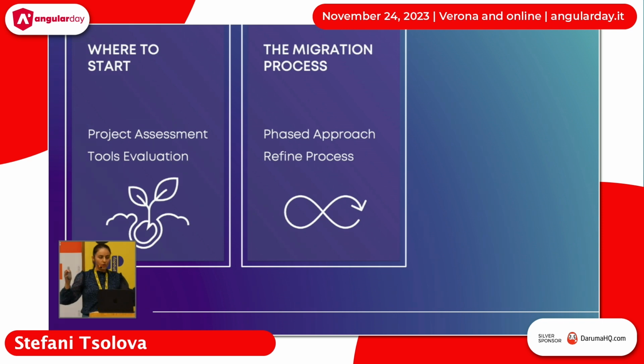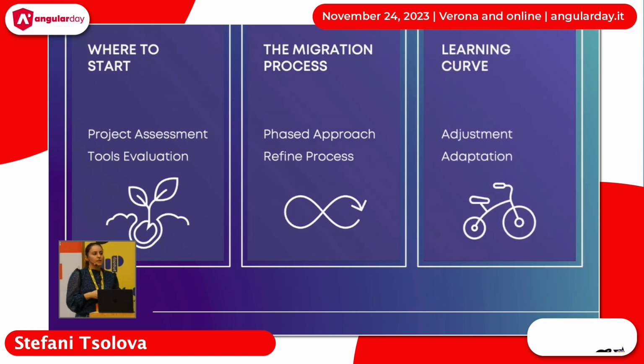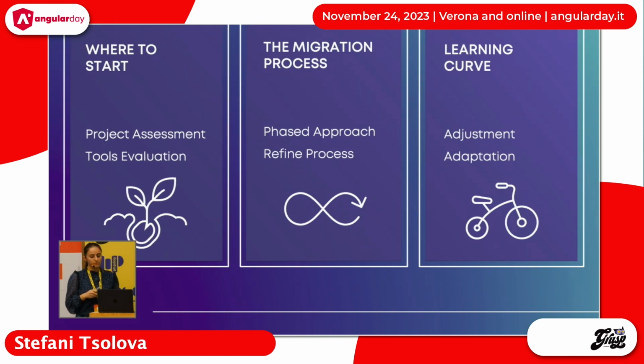Don't try and do everything all at once. And have in mind that there will be a learning curve for the team as well. They will need some time to adjust to the new setup, to the processes, but eventually they will adapt.